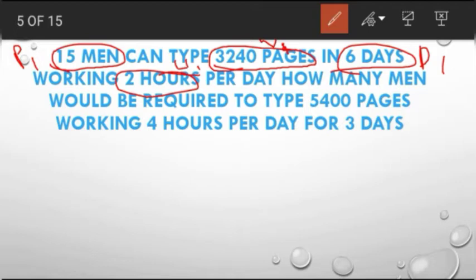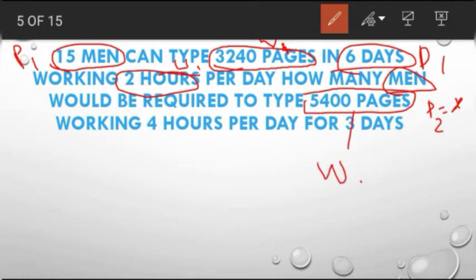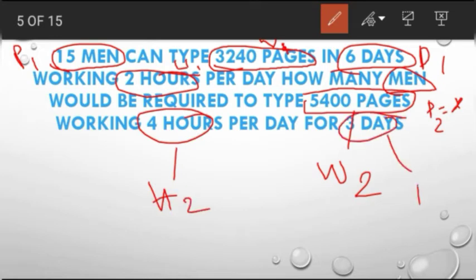How many men? So here persons P2 equals X. Let us consider that, and 5400 pages means W2. 4 hours means H2, and 3 days means D2.